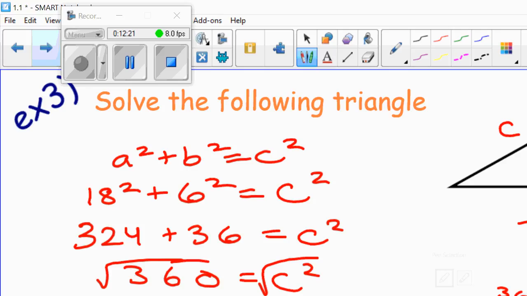But okay, so remember that pairs go on the outside. So I've got a pair of 2s, which means I'm going to put a 2 on the outside. I've got a pair of 3s. I'm going to put a 3 on the outside. And then these, they don't have pairs, so they go back inside. And they're always separated by multiplication. So pairs go on the outside, leftovers inside.